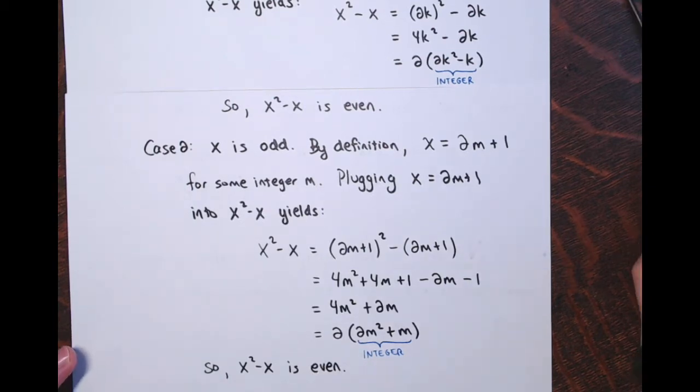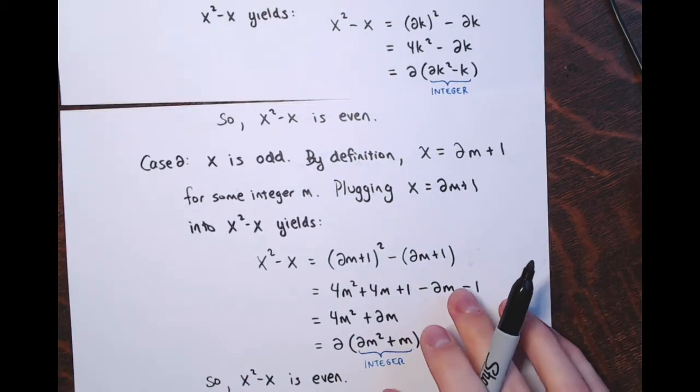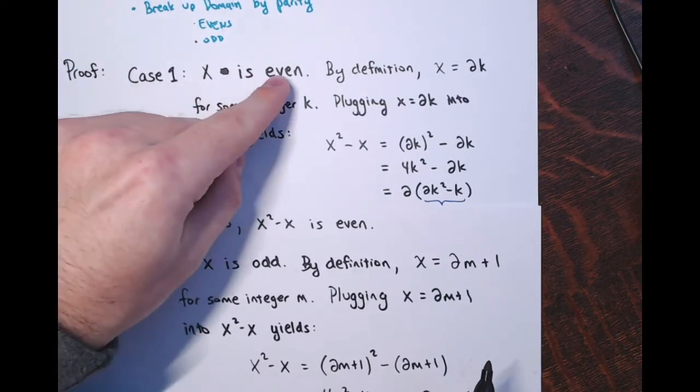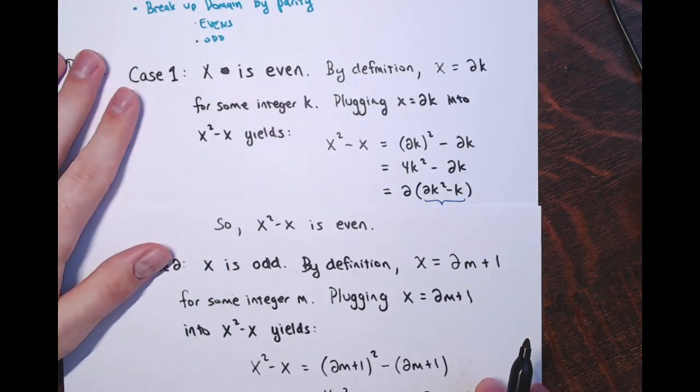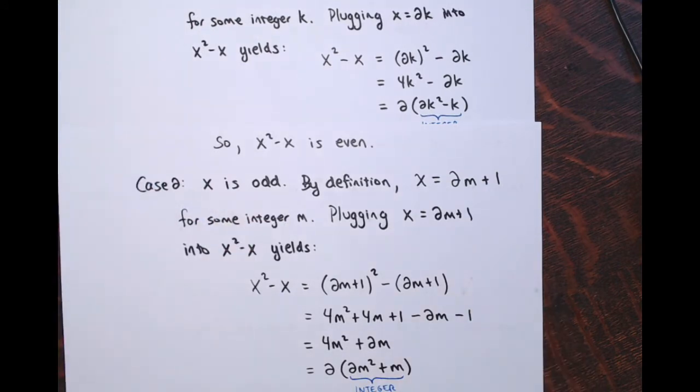Since I've shown this for both cases, that takes care of all the integers. Case 1 took care of when x was even, the even integers from the domain. Case 2 took care of the odd integers from the domain, and that's the entire domain.